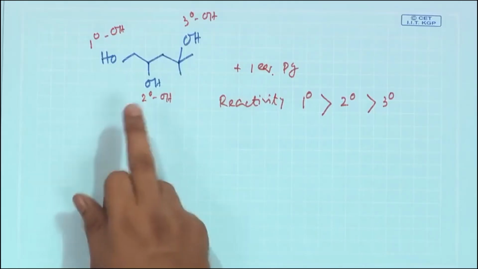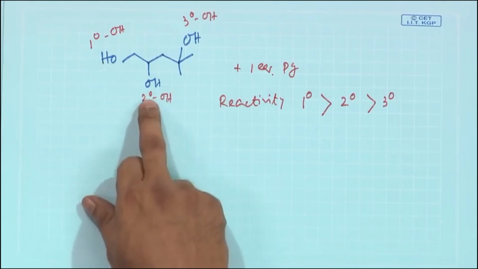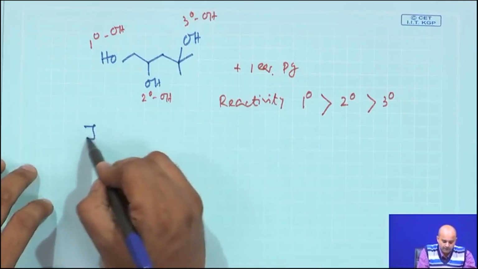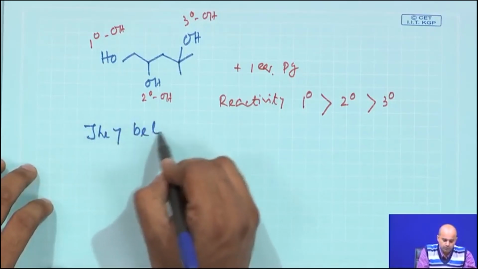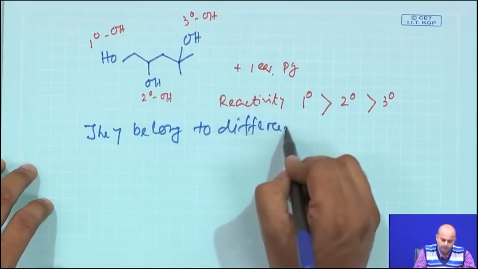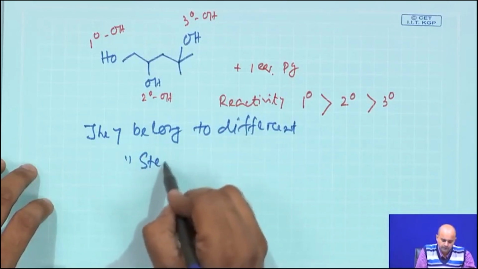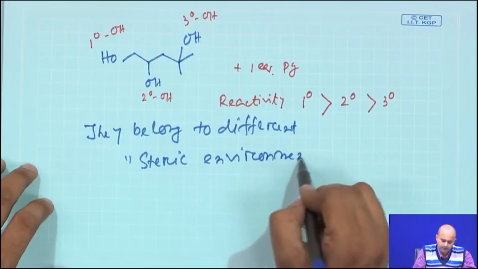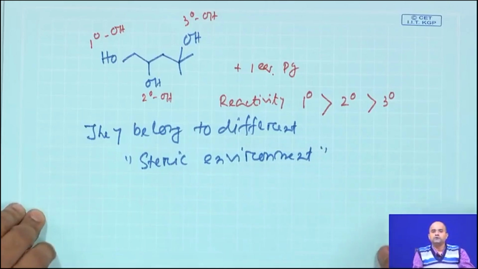If your 3 functional groups have a similar environment, like all 3 are primary, then you have to choose stoichiometric control, and if they are different, like one primary, one secondary, one tertiary, they belong to different steric environments, and in those cases you can control it through the steric crowding.